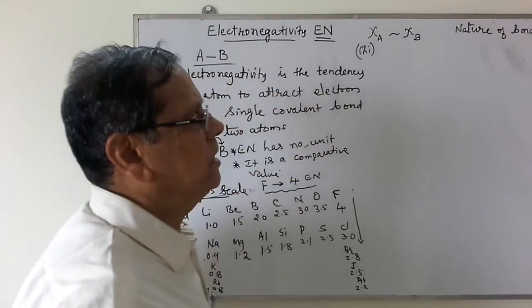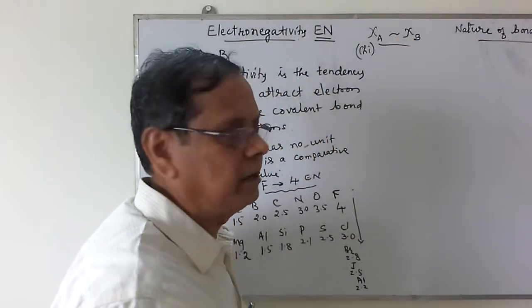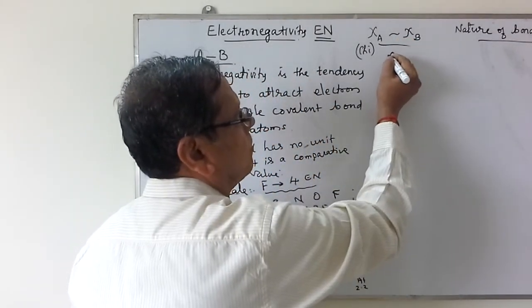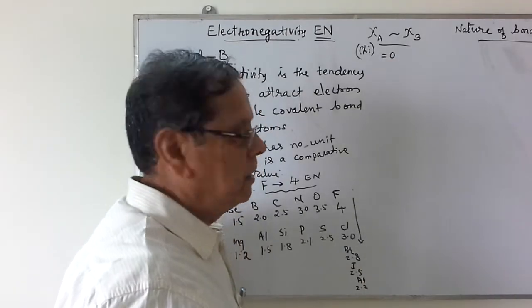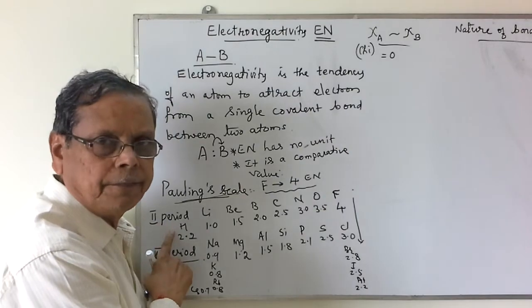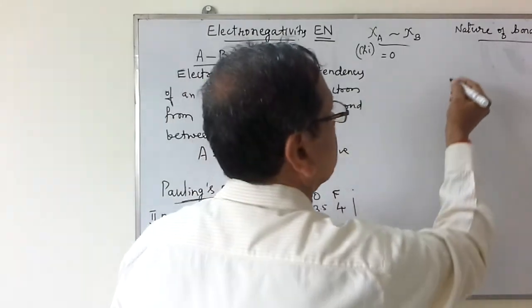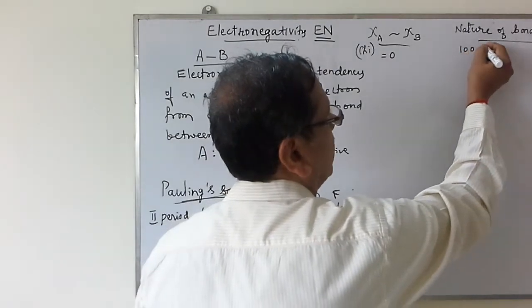The nature of the bond can be calculated by using the difference in chi A and chi B. Suppose it is equal to 0. That means the same elements, like a hydrogen molecule, have the same electronegativity. So for such a molecule, it is 100% covalent.